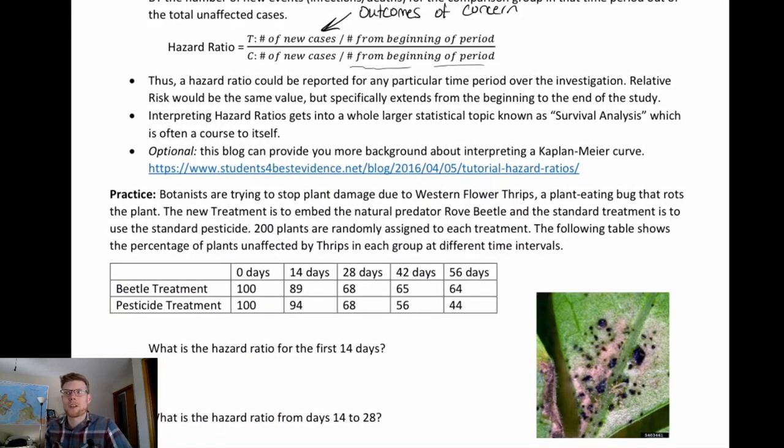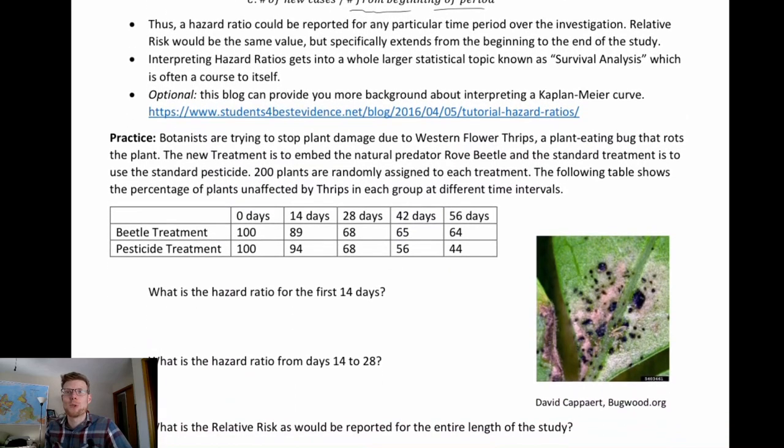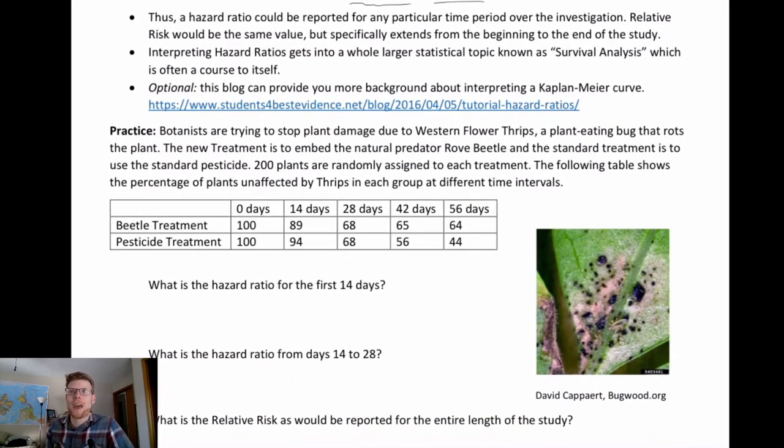We're going to get straight into it and do some calculations with hazard ratios, where our data is provided by the number of remaining uninfected plants at different time points. We can use this information to discern how many plants have been infected at different time points. The context here is plant damage due to a bug known as a thrip.